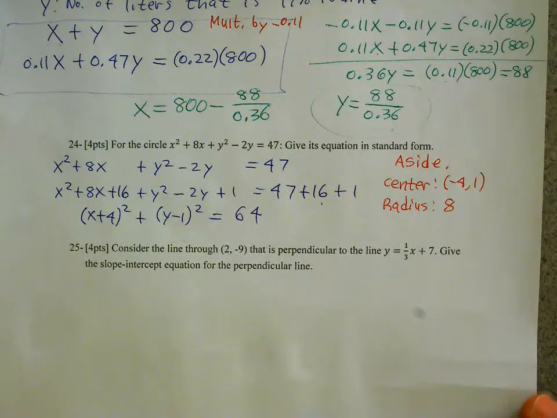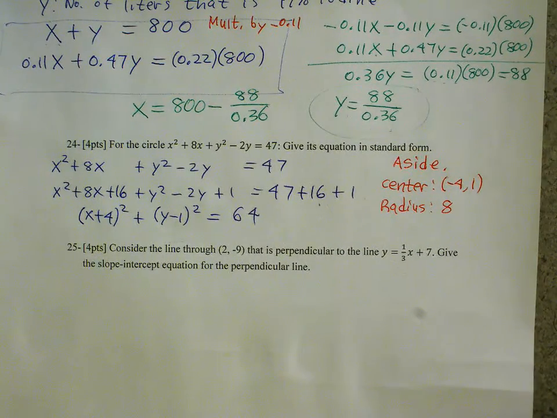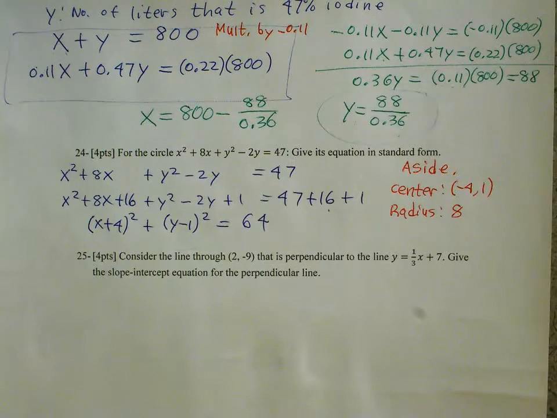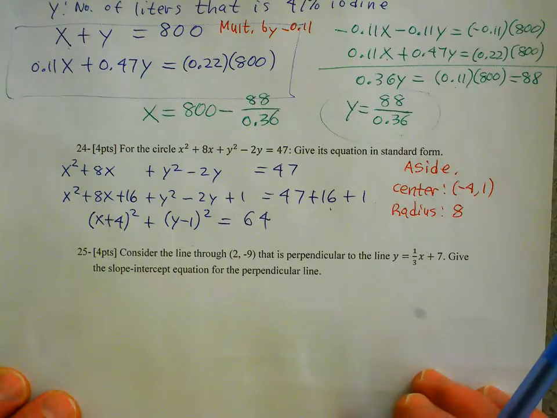Okay, number 25. Consider the line through the point 2, -9, that is perpendicular to the line y equals 1/3 x plus 7. Give the slope-intercept equation for the perpendicular line.